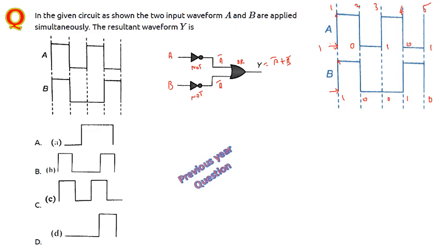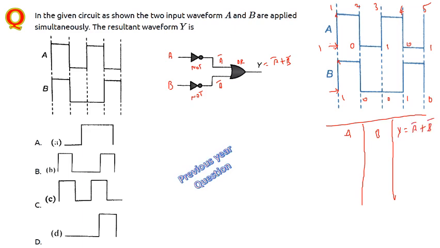Now, you just make a truth table for this one. Inputs are A and B, and Y, which you already got, is A bar plus B bar.